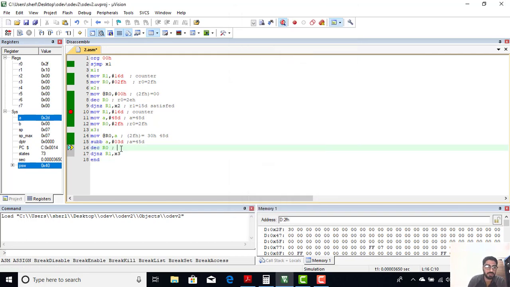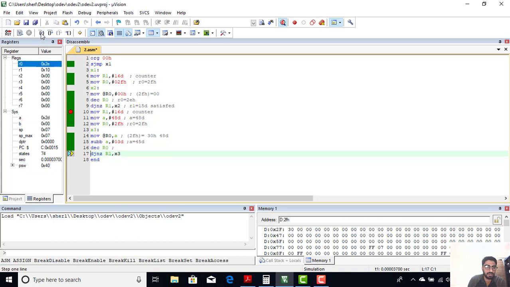And then decreasing R0, it's our address. So let's see the new, so it's 2E hex, this label, and then decrease, jump, and decrease and jump if not 0, our counter, which is now 15, and the condition is satisfied, and it will jump again and fill all the wanted memory again and again till the end of the program.